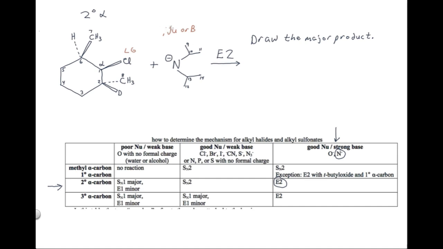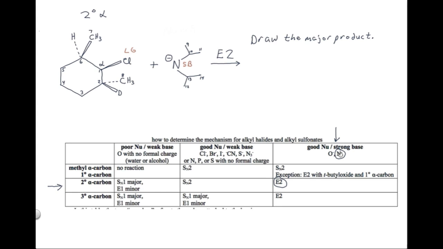We can say here now that N- is a strong base, so we predict that the nitrogen will act as a strong base. The large majority of the E2 reactions you're likely to see will use O- as the base, but every once in a while you might see the professor use N- as the base.